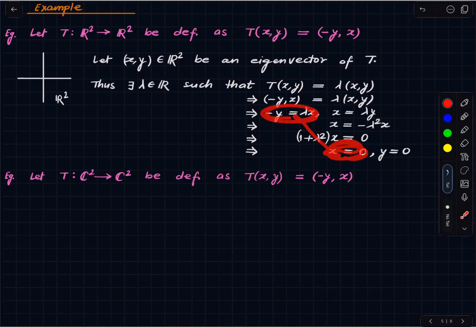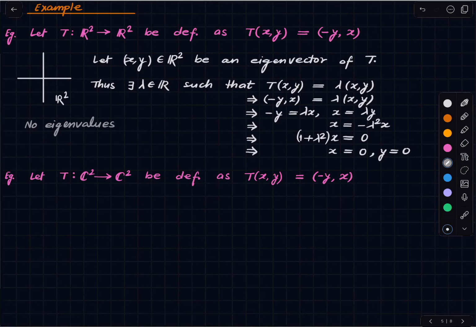If x is 0, then y is 0, and hence the only eigenvector is 0, and therefore no eigenvalues. So we just learned something. It is not necessary that an endomorphism has an eigenvalue. No eigenvalues, and hence the only eigenvector is 0. So that's what we showed.